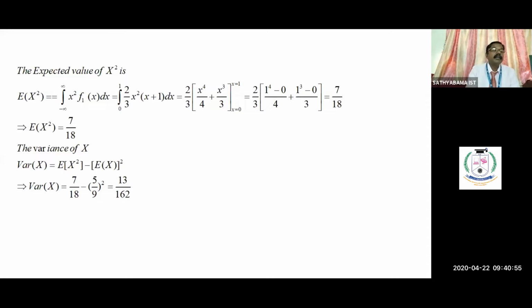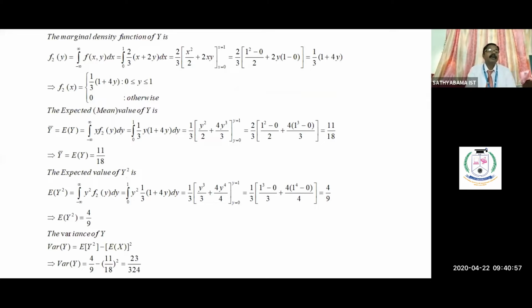Okay. Similarly, we can calculate for y. The marginal density function of y, that is f2 of y, in the first line: integral minus infinity to infinity of f(x,y) dx, nothing but integral 0 to 1 of (x plus 2y), integrating with respect to x. Integral of x is x square by 2, plus 2xy, limit from 0 to 1.